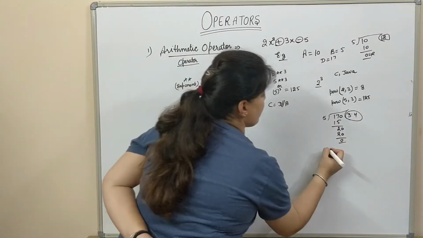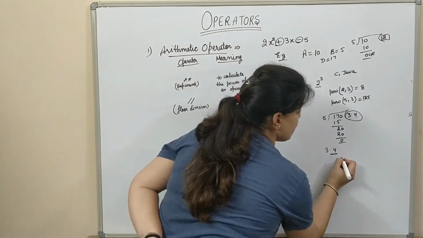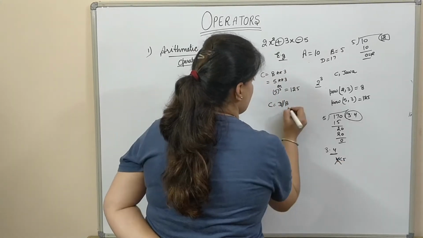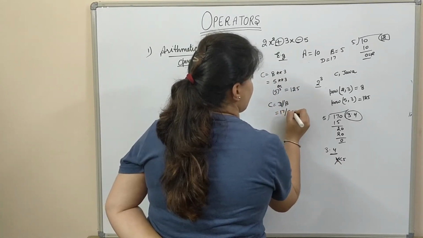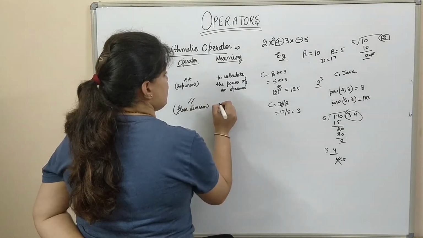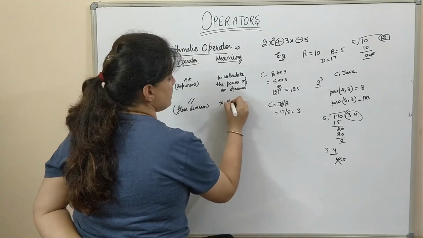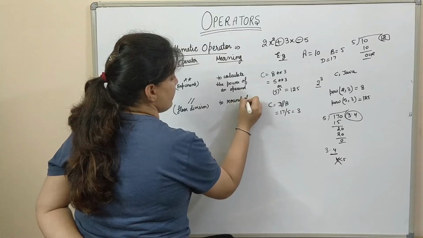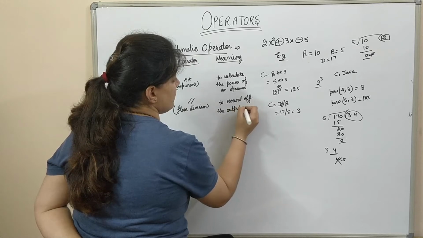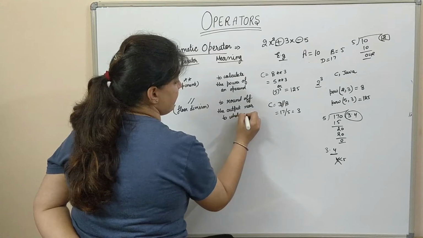So here this is 3.4. After decimal we have 4, and 4 is less than 5, so we will drop this value. The output of this will be 3 only. So the purpose of this floor division is used to round off the output near to the whole number.